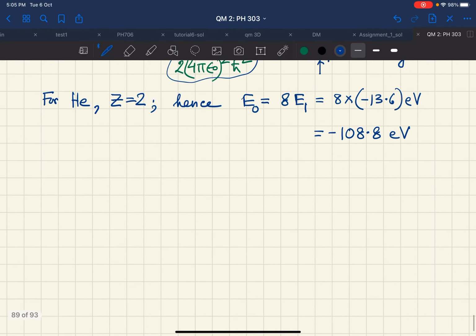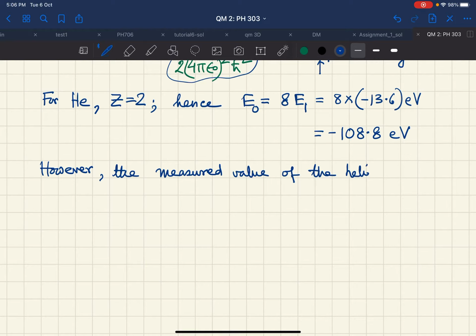However, we note that the measured value from experiment of the helium ground state is minus 78.6 electron volt.